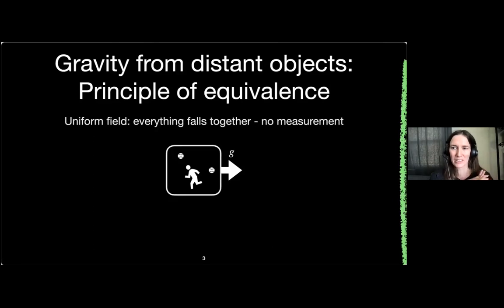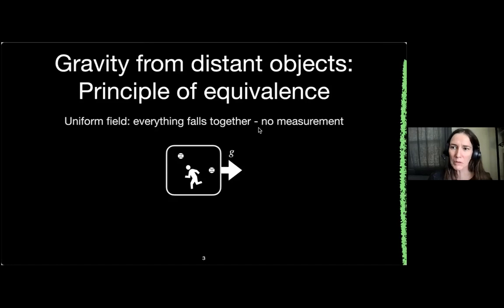This is coming in from our relativistic picture of gravity today, where you start out with the principle of equivalence: if I am in a free falling elevator with some equipment, everything falls together and I have no measurement of the gravitational effects that may be pulling me towards some distant planet, unless you feel the floor. You don't feel gravity.